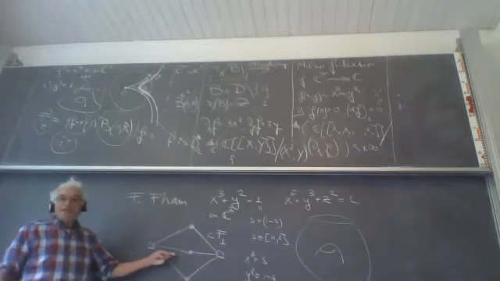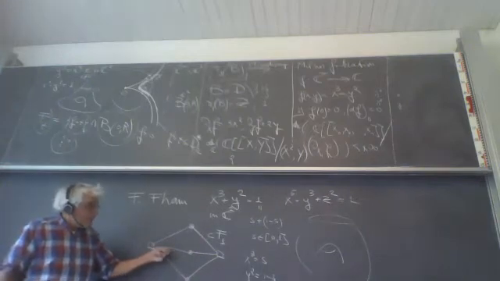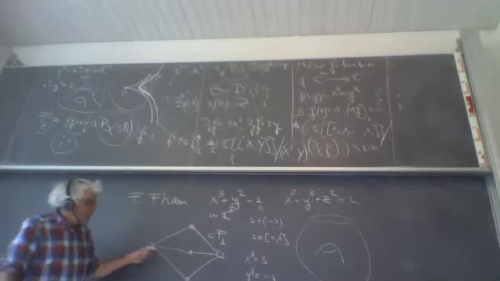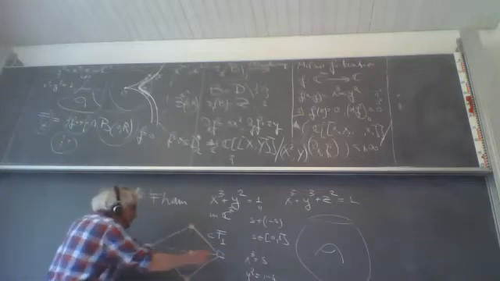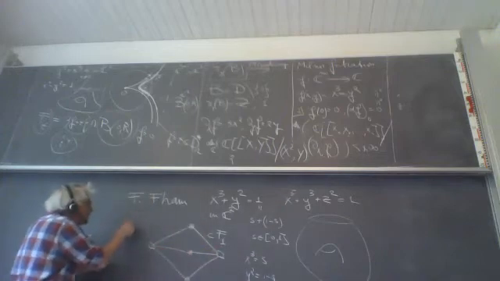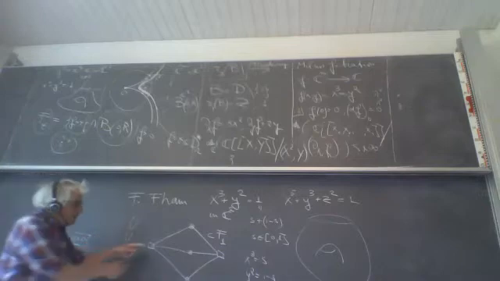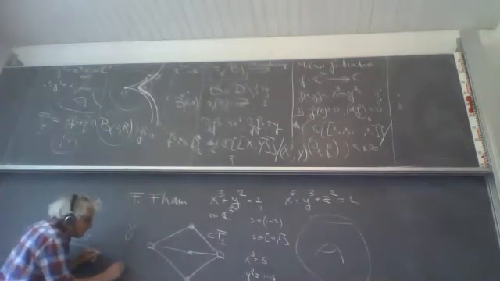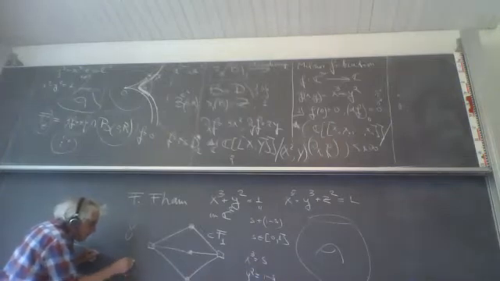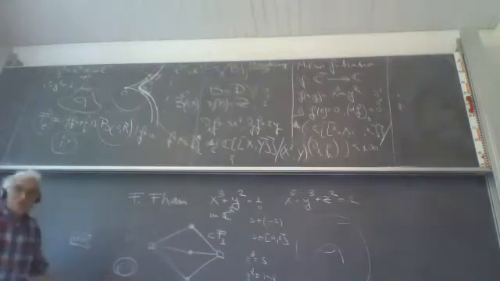First, this thing is homotopic in many different ways to the wedge of two circles. When I shrink this line, I get something like this, wedge of two circles. When I shrink this line, I get something like this, wedge of two circles.